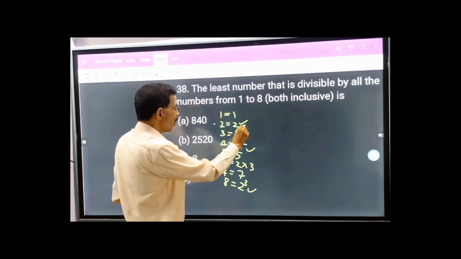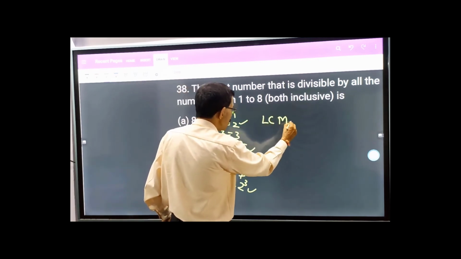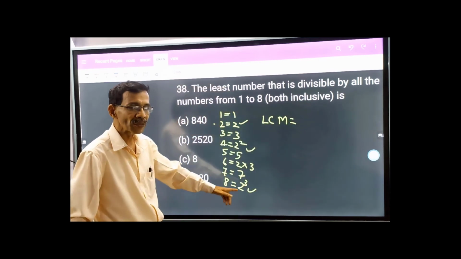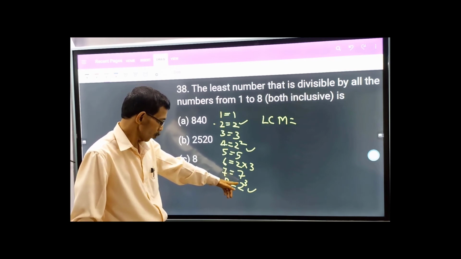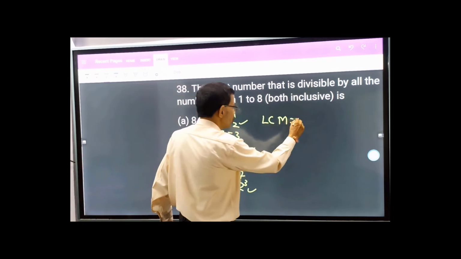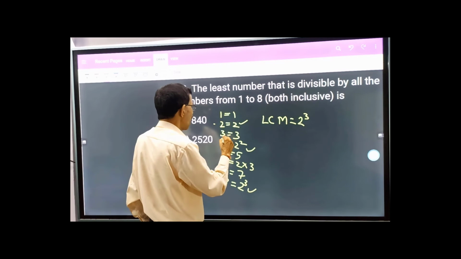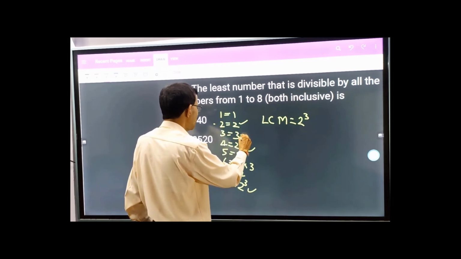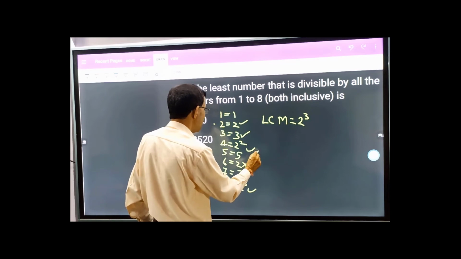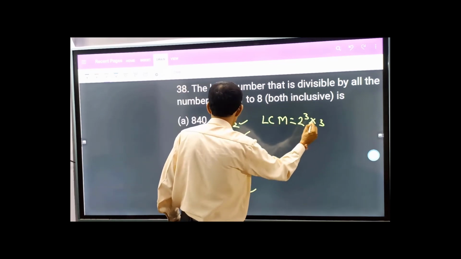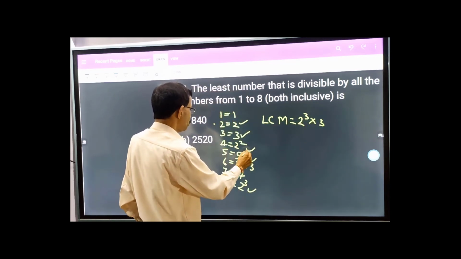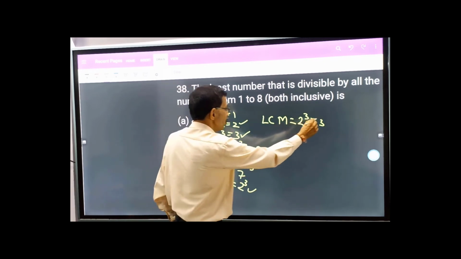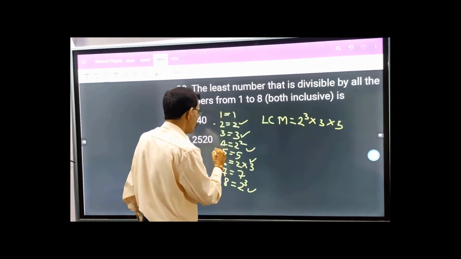Now in this, this is 2, this is 2 square and this is 2 cube. So we want to find the LCM. LCM will be the highest power of that number. Highest power of 2 is 3. So 2 to the 3, and then 3 is there here and here, so multiplied by 3. There is 5, multiplied by 5.